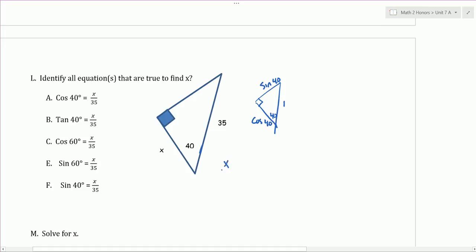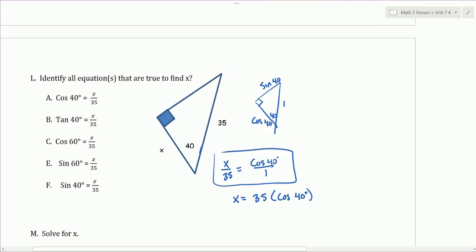So x over 35 is cosine 40 over 1. If you cross multiply, you get x is equal to 35 times the cosine of 40 degrees. And we didn't even need to go that far. Actually, if you look at our proportion, that matches up on part A.